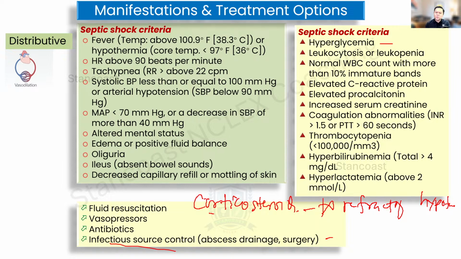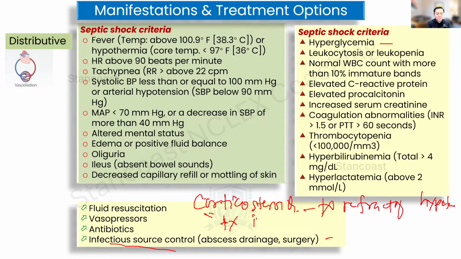As we know, the body has chemical mediators, right? The leukotrienes, the bradykinin, the histamine, all these chemical mediators are the cause of the vasodilation, the decrease in blood pressure, and the leaking of fluid from the vascular compartment to the interstitial spaces. So we are going to treat that as well with the corticosteroids to decrease the inflammatory response.